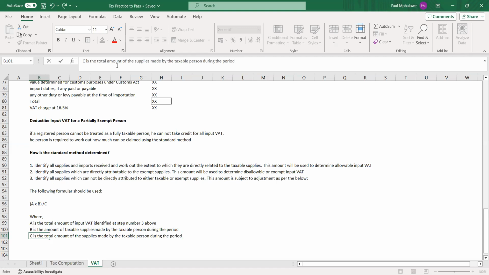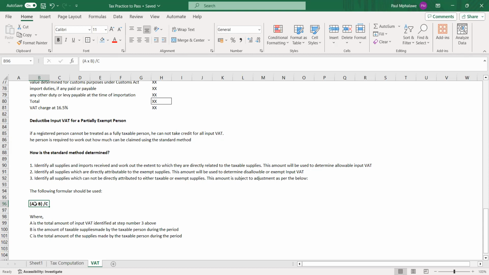So a point to note, a point that you should not forget, is that the registered person cannot claim input VAT when, after applying the above formula, the fraction of the taxable supplies to the total supplies is less than 5%.